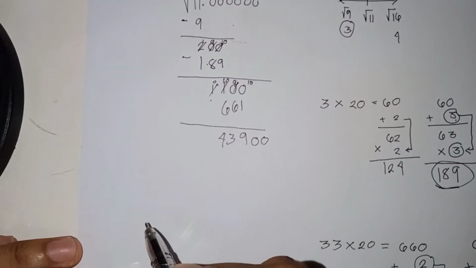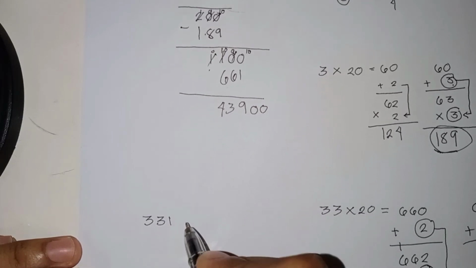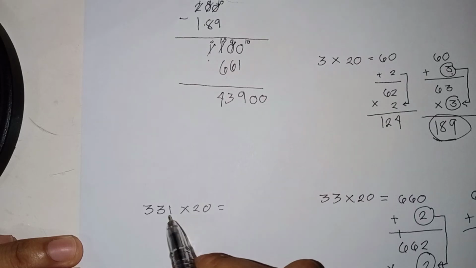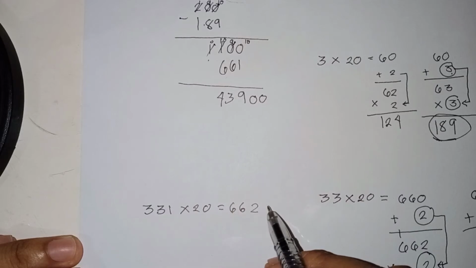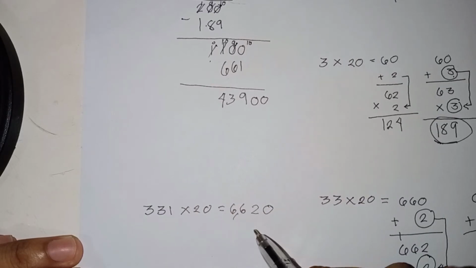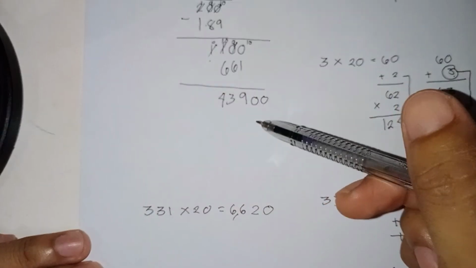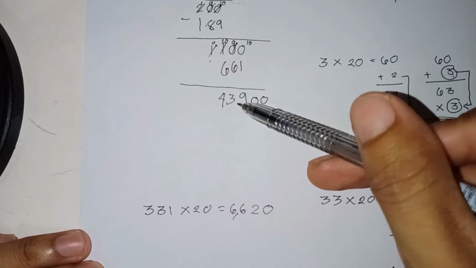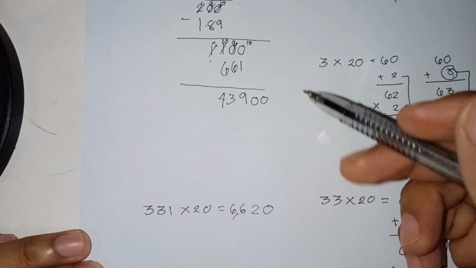So 331 times 20: 2 times 1 is 2, 2 times 3 is 6, 2 times 3 is 6. Add 0. So we have 6,620. Here, what we get should not exceed, or should be equal to or less than, 43,900.